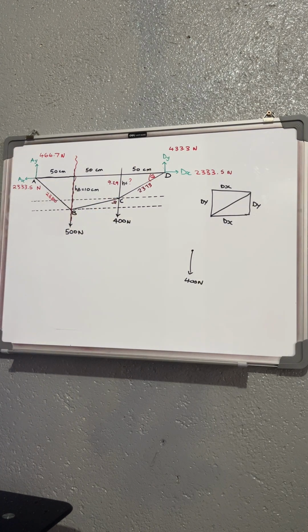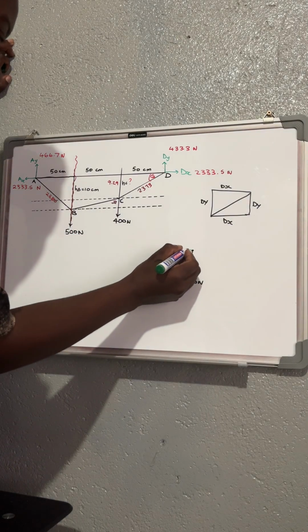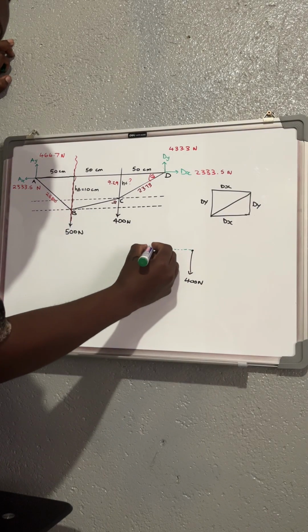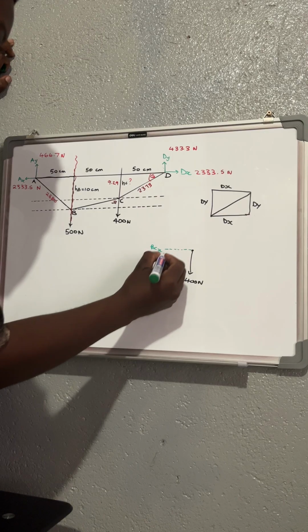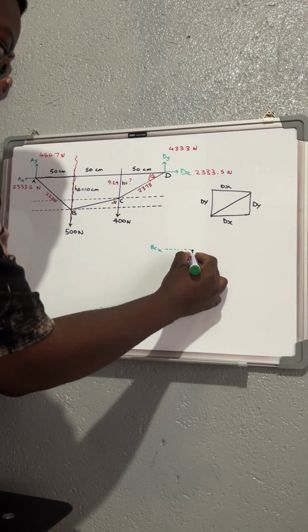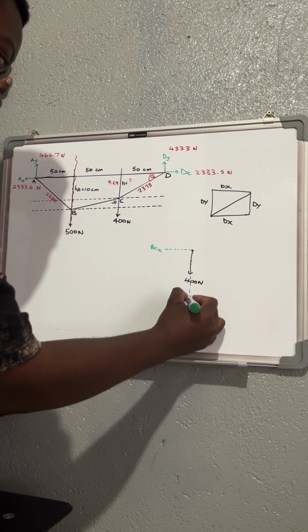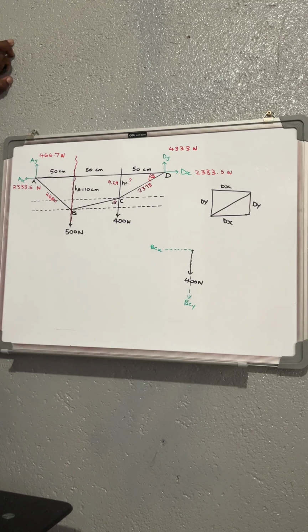So since we don't have that angle, we can actually try and take BC into components. How do we take it into components? Taking it into components means we are going to have BCX, and this side we're going to have our BCY.